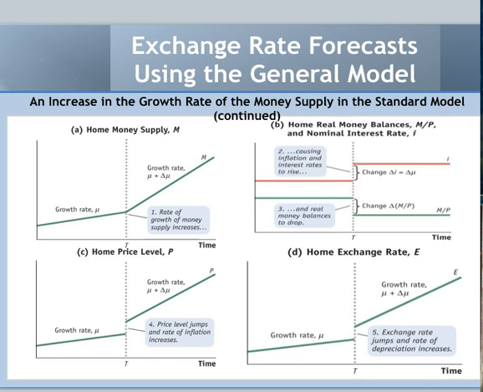By definition, that's what we mean by the rate of growth of the money supply increasing. Because inflation's increased, we also know the interest rate increases. And how do we know this? Again, for that, we go back to the Fisher effect. The Fisher effect tells us that the real interest rate is equal to the nominal interest rate I minus inflation. But again, we can rearrange those variables, and this also tells us that the nominal interest rate I is equal to the real interest rate plus inflation.